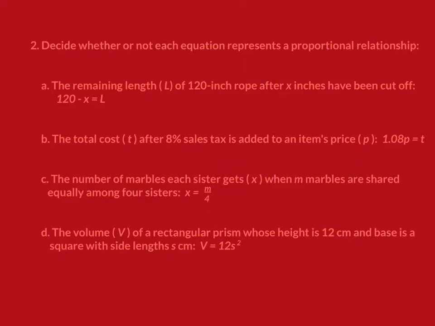Moving right along, we have to now decide whether or not each equation given represents a proportional relationship. The truth be told here, the situations, unless we're substituting in, really are irrelevant. And the only thing that we need to look at is the equation itself.